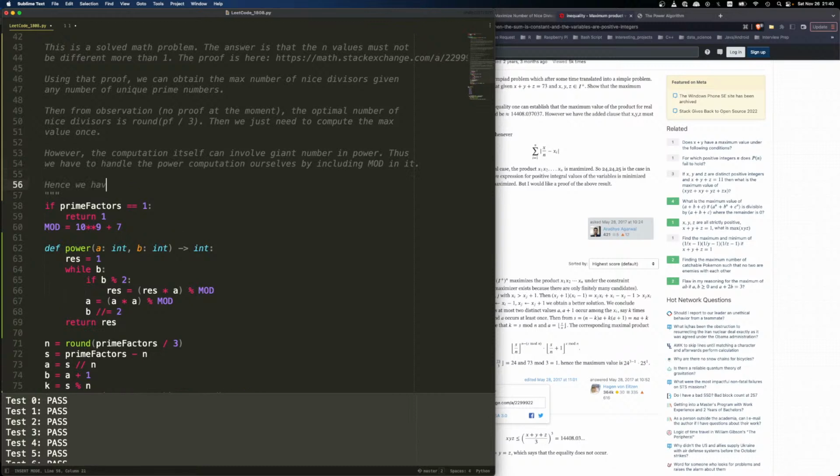Hence, we have to write the power function ourselves.